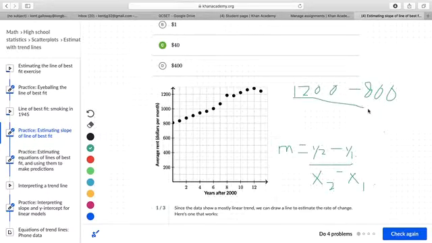So this is going to be your y2, 1200, minus your y1, which is 800. I'm taking this point right here and this initial point right here. It doesn't have to be perfect, so this is the 800.